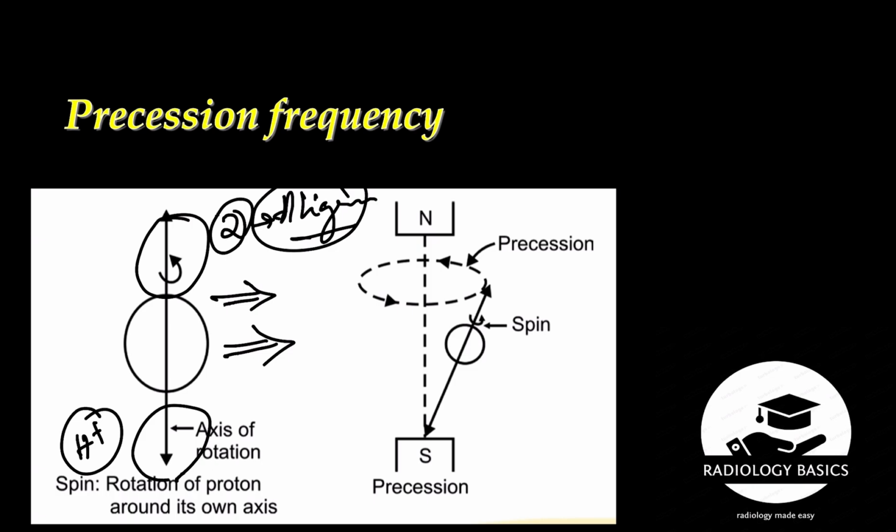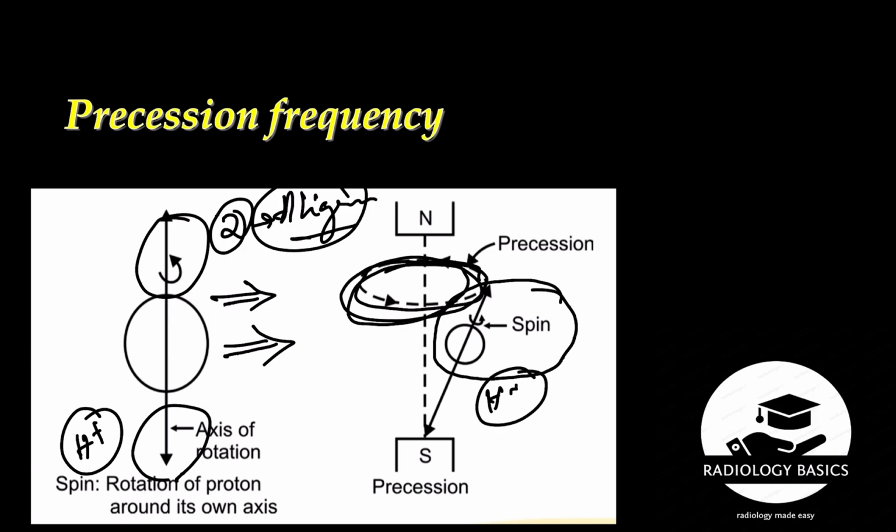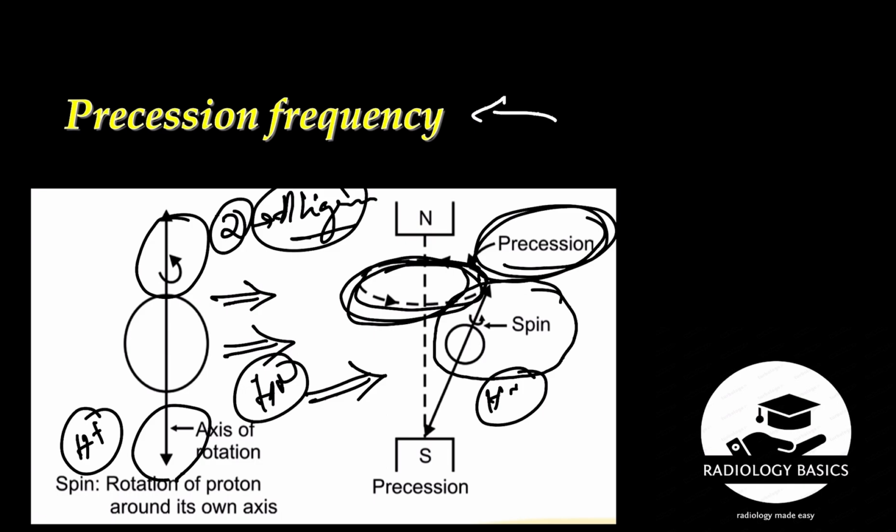Second process: it increases the spin of the H plus ions and causes some wobbling motion. That wobbling motion is what we call precession frequency. Precession frequency is nothing but, whenever a hydrogen atom is kept within the MRI machine, the frequency of wobbling increases, and it wobbles on its axis, which we call precession.